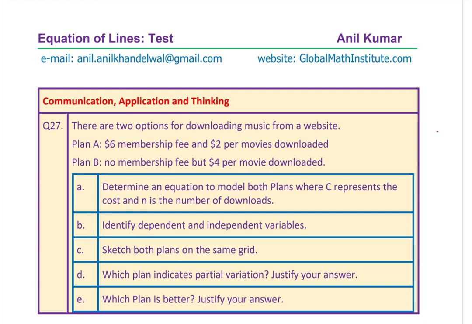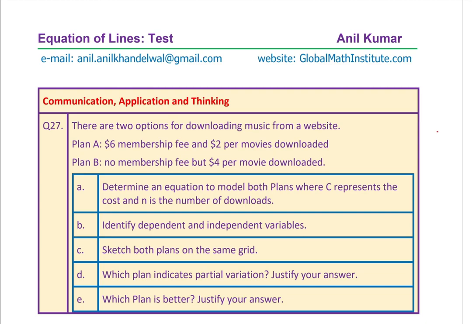D. Which plan indicates partial variation? Justify your answer. E. Which plan is better? Justify your answer. So these are communication application thinking questions which needs some more focus and slightly difficult than the previous ones.